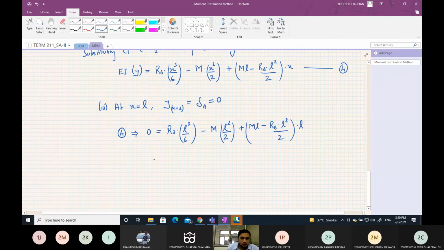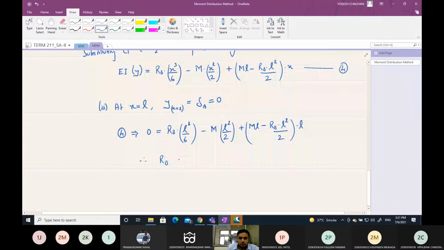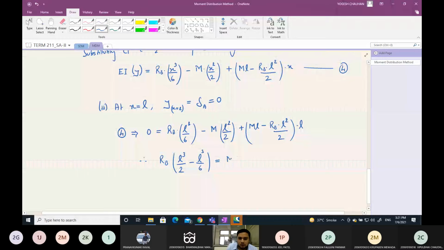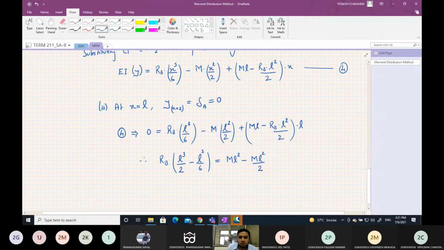Therefore, RB into L cube by 2 minus L cube by 6 equals to ML square minus ML square by 2.